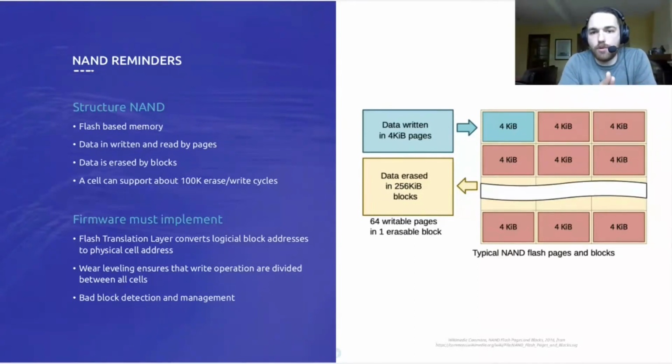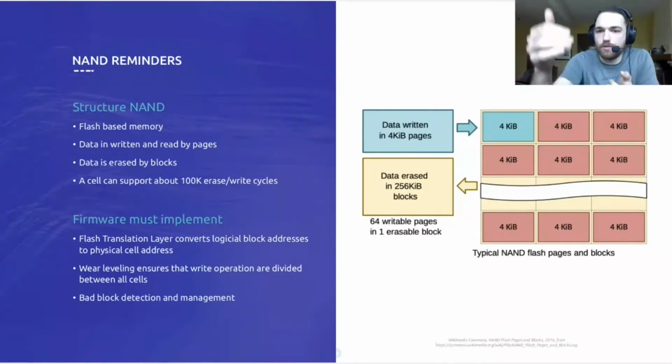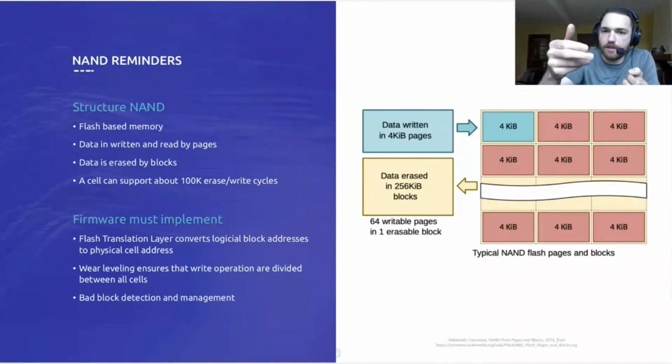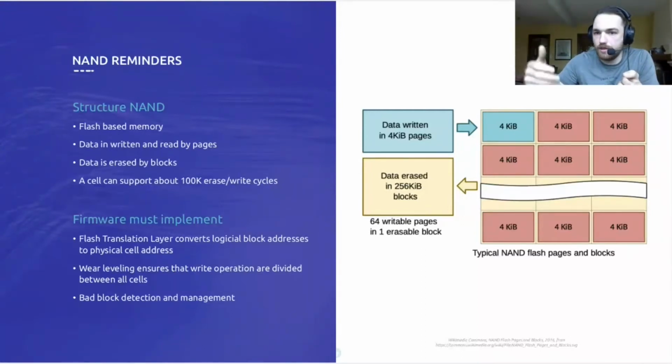This means that small writes on locations that you have already written to are costly because you need to erase a whole block, write your data, write the data that was already written on the rest of the block to not lose it, and then you have done your modifications. This has an impact because a NAND cell can support about 100,000 erase-write cycles before dropping in quality and not storing data.